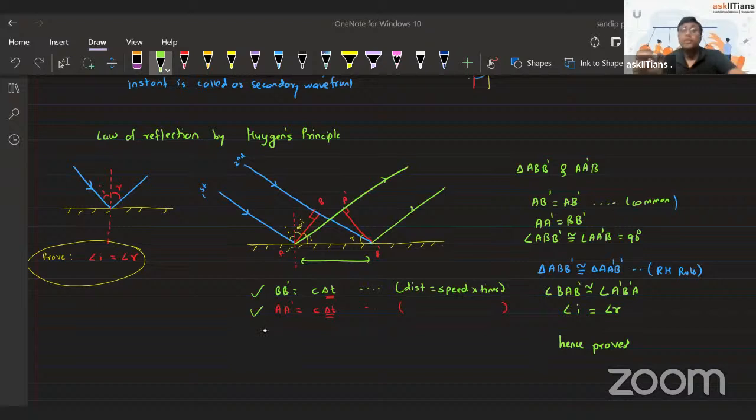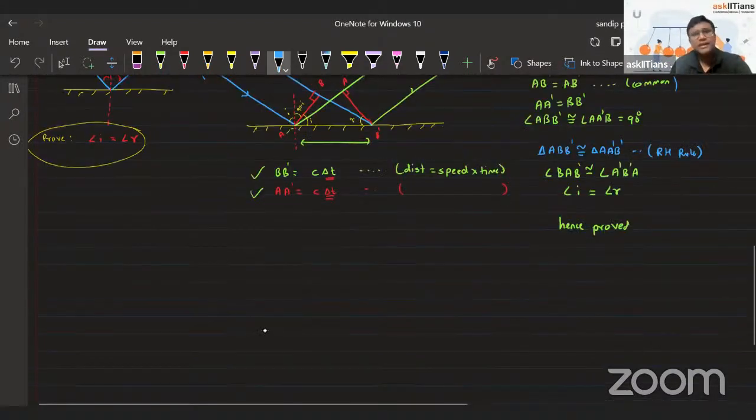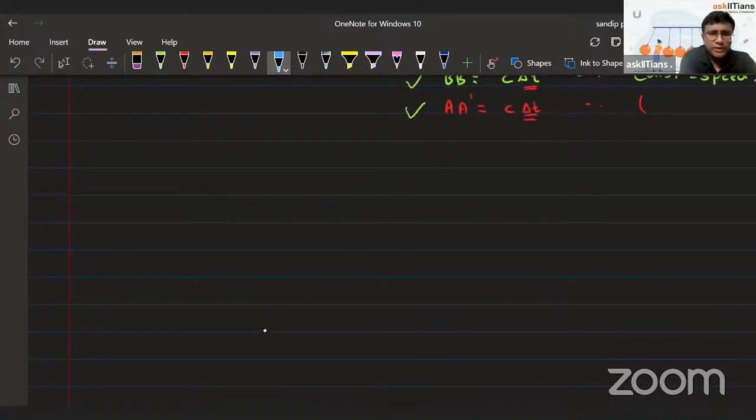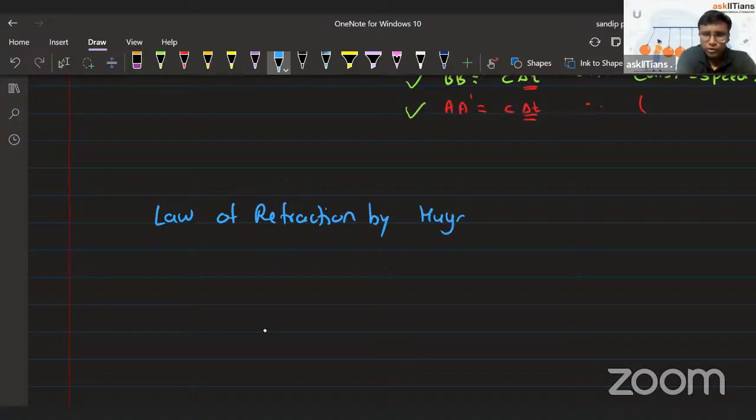Okay, chalo. Now the next important derivation you have is the law of refraction, again by the Huygens principle. Okay, so let's see how we can do that. So law of refraction by Huygens principle.